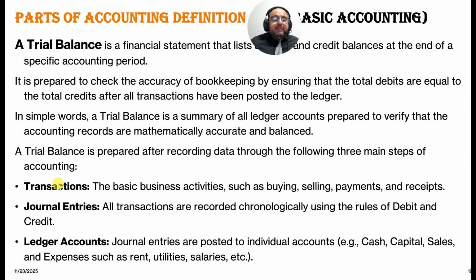Practically, I entered the transactions into the journal entries, or in the books of account, or in QuickBooks for bookkeeping, then prepared the ledger accounts, and on the basis of these three things I prepared the trial balance.